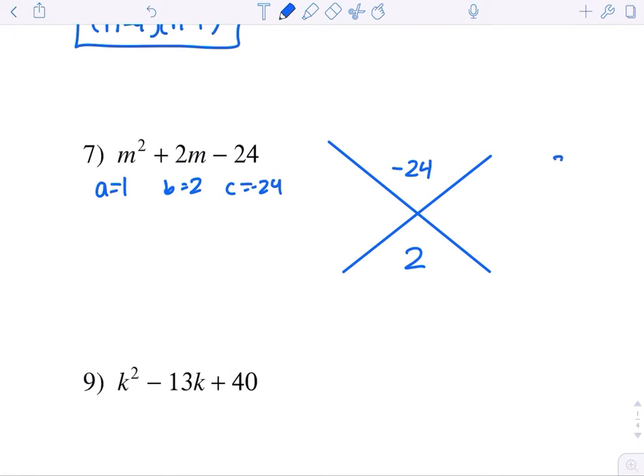So, if you made a list of all the factors of 24, you would start to realize there is no combination that is going to give you... Oh, wait. 6 and negative 4. 6 times negative 4 is negative 24, and when you add 6 and negative 4 together, it is 2. So, that is factorable. I got ahead of myself.